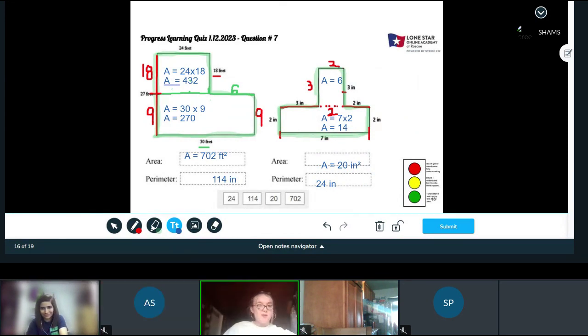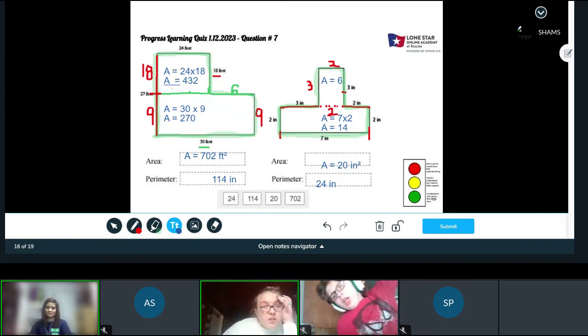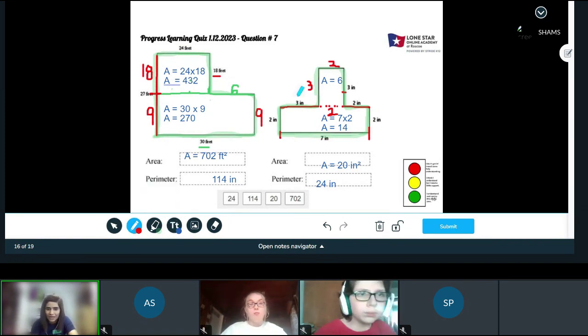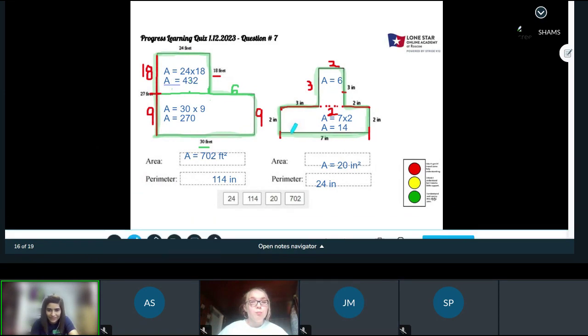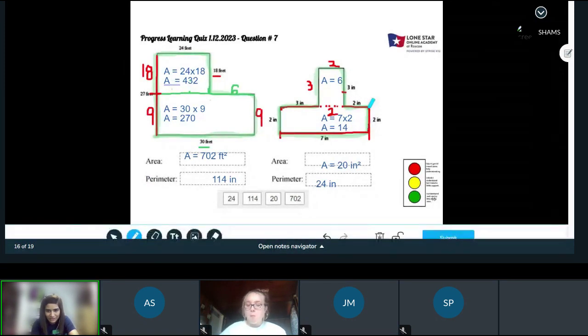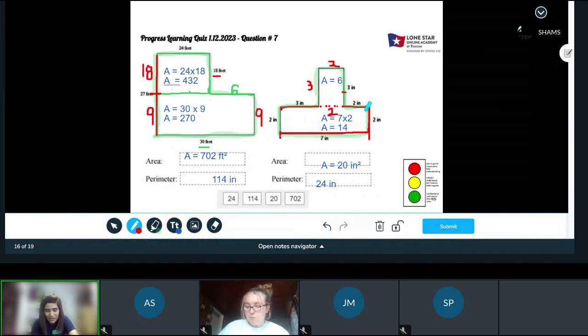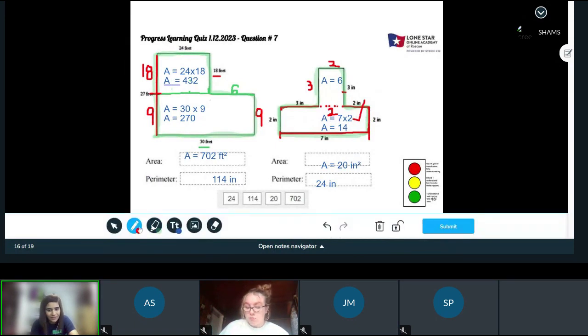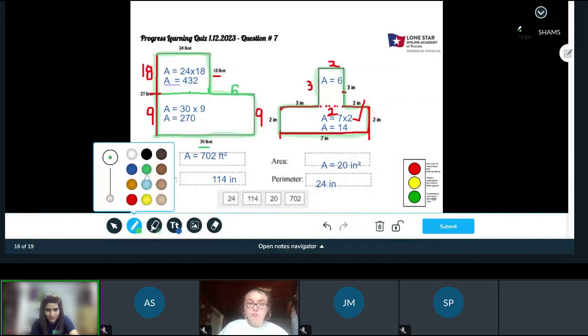Can you guide me a little bit more, please? Yes, which one, Faith? On the second one. Second one? Yes, ma'am. In the second one, there are two rectangles. This bottom rectangle has a base of 7 and a height of 2. In order to find area, I did 7 times 2. Then there's also another top part, and it is also a rectangle, right?